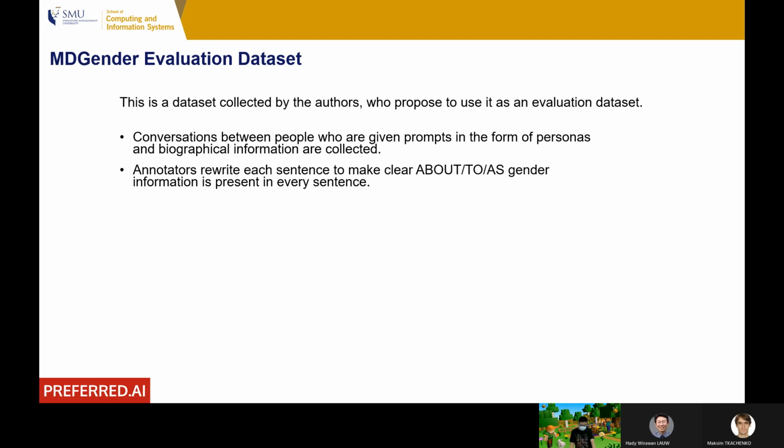Then these conversations are taken down, and annotators rewrite each sentence to make clear that there is about, to, or as gender information present in every single sentence. So, for instance, say we have a sentence, "How are you, Lakadit?" To make it clear that it is speaking to a man, you would maybe rewrite it as, "How are you, Mr. Lakadit?"